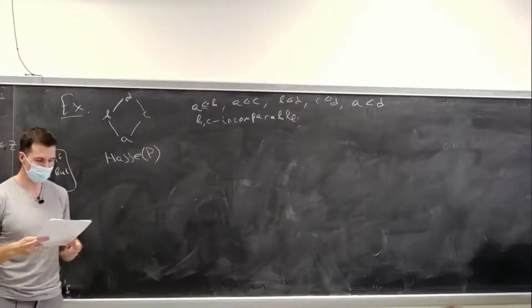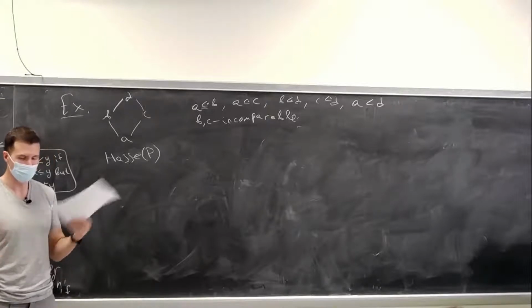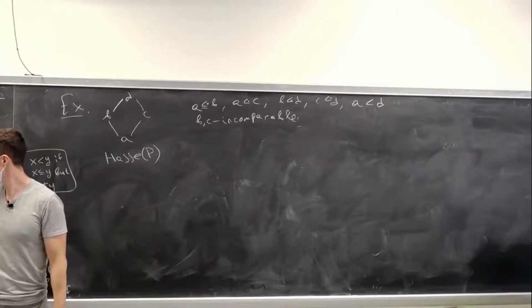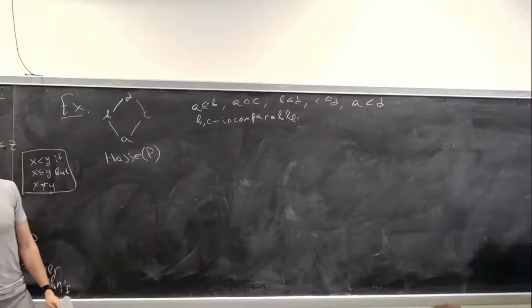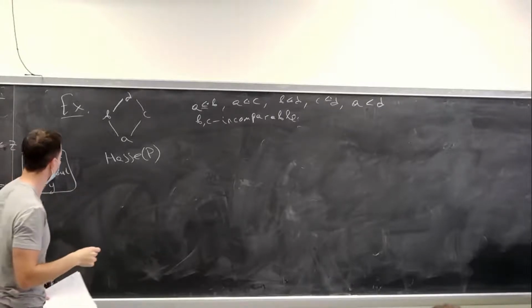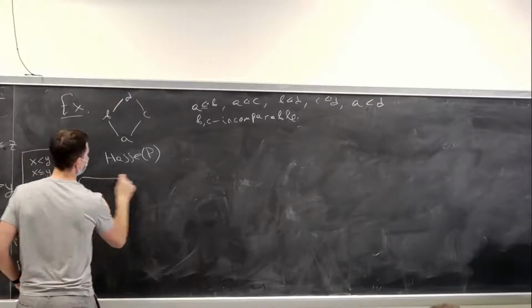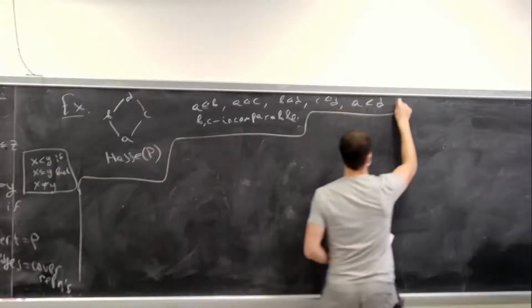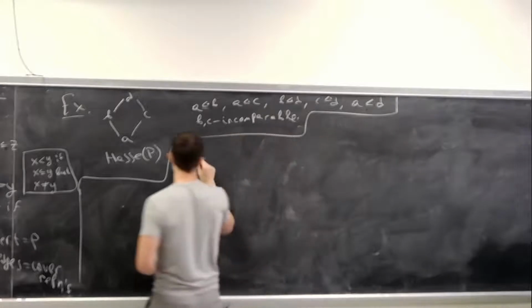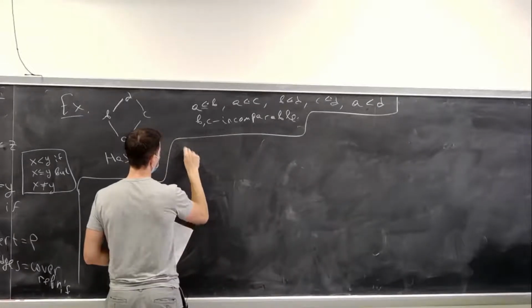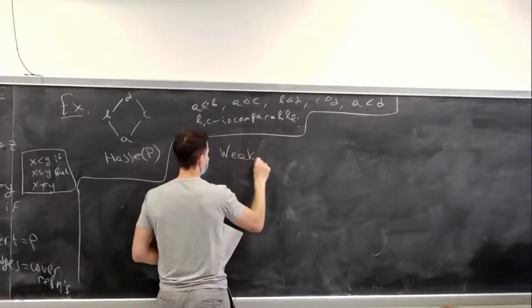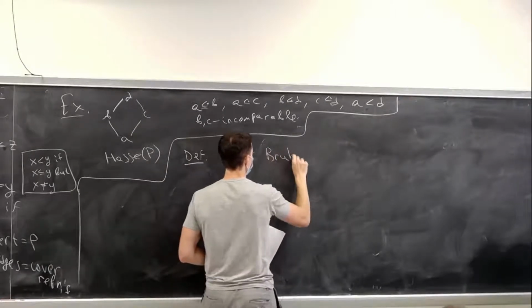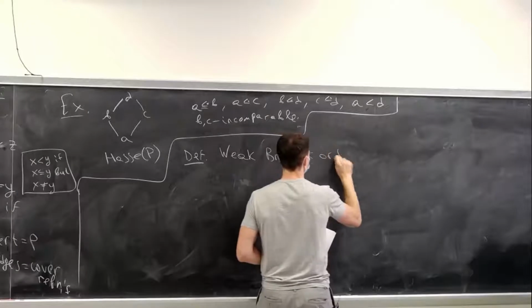So you have these natural partially ordered sets, and now I would like to study the Bruhat order on the symmetric group. My set is S_n, and the order is going to be called the weak Bruhat order.